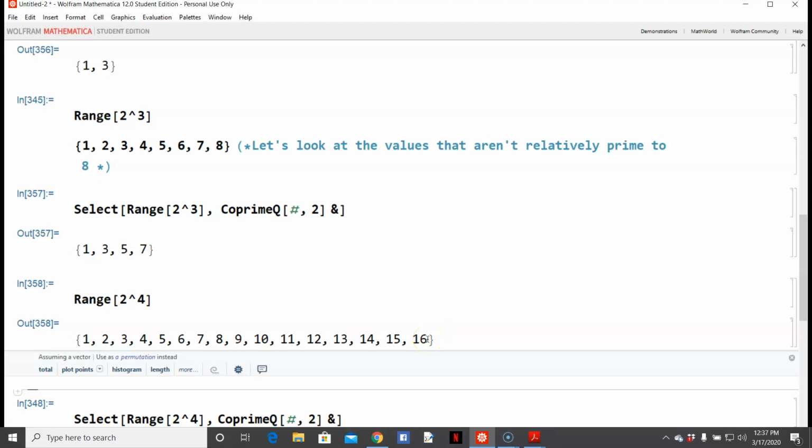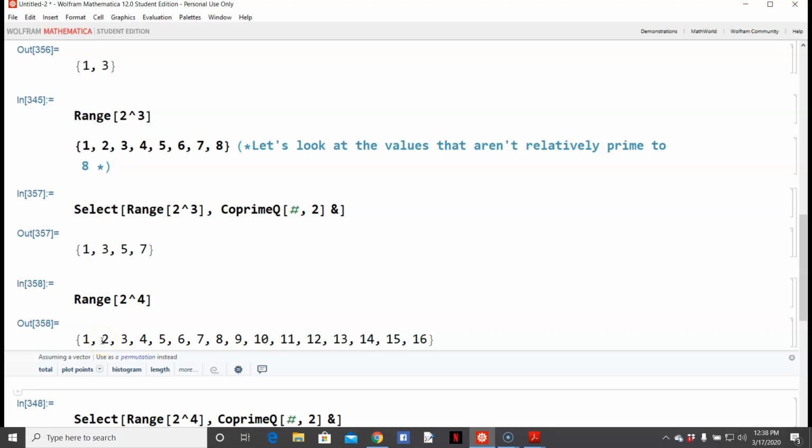Okay, well, to not be relatively prime to 16, it has to have a factor in common with 16. So the non-trivial factors are 2, 4, 8, and 16. But again, if it's divisible by any of 16, 8, or 4, it's divisible by 2.